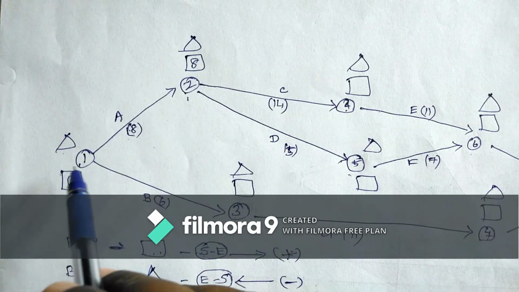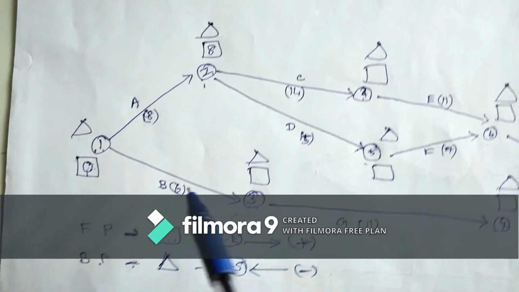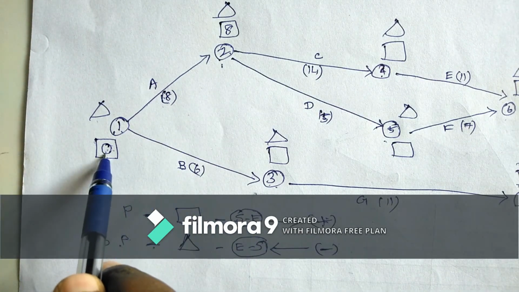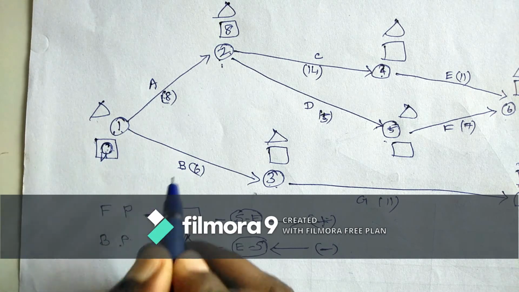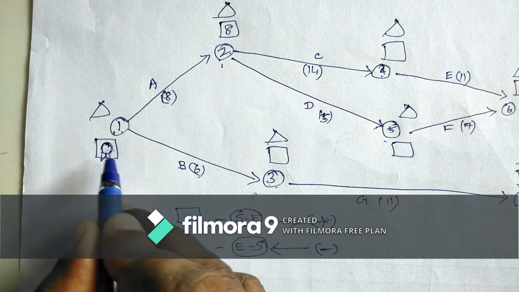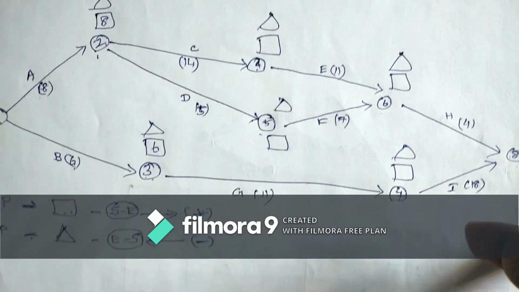Okay. So the first one is over, second one over. Now the third one. For the third one, what is the previous one? Previous duration 0 and current duration 6. So 0 plus 6, 6. And the fourth one.